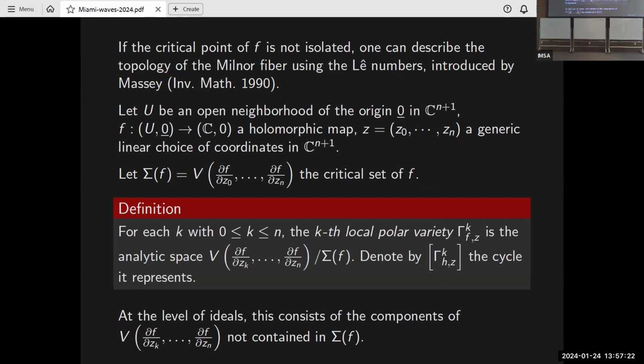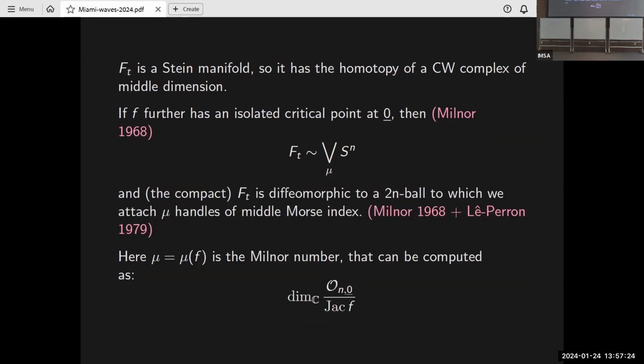Now, if the critical set of F is not isolated, then it is difficult to look at the homotopy type of a single fiber, and the topology is more complicated.